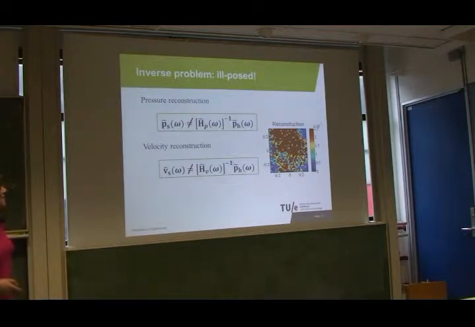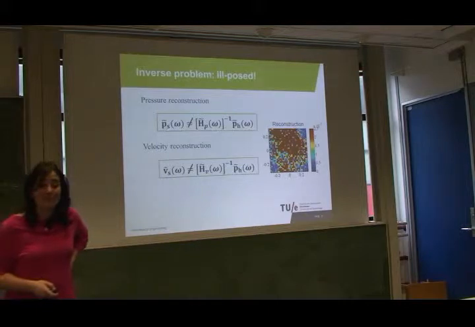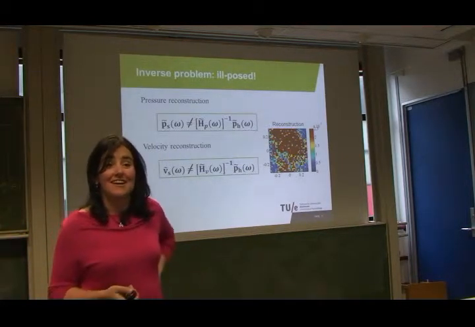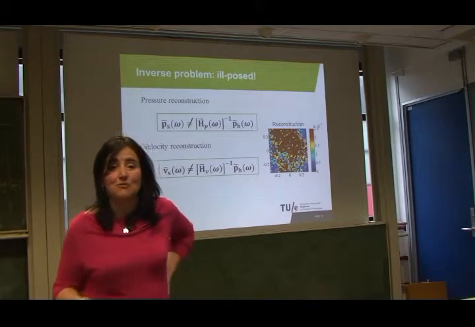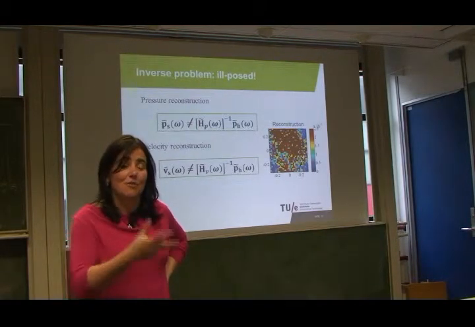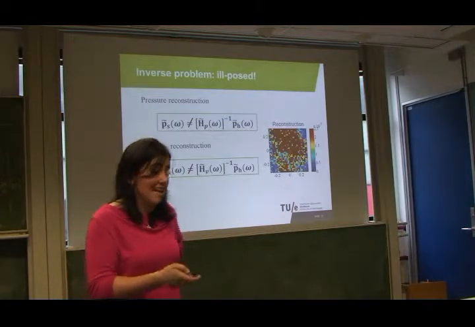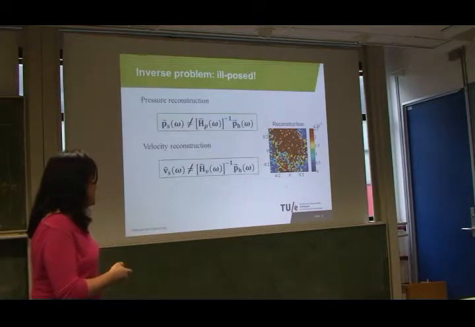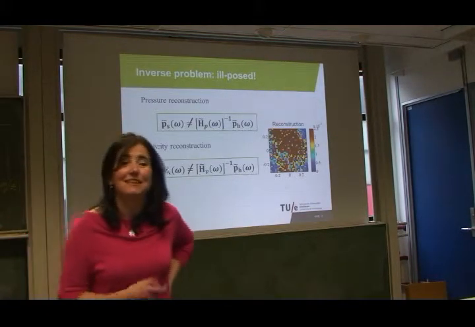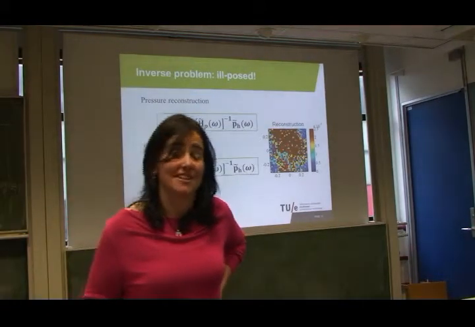And why will you get this? Because this problem is ill-posed. Due to noise in the measurements, and also in numerical experiments, even the small noise one has in numerical experiments leads to this kind of rubbish if one simply inverts the matrix.